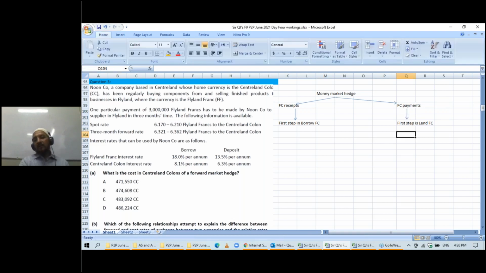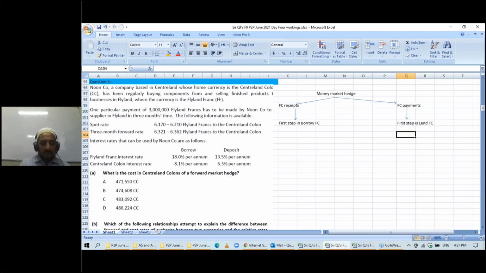In case of borrowing, we receive foreign currency in future, so instead of receiving in future, we receive now. In case of payments, we have to make the payment in future, so we will try to pay it now. How can you pay in the money market? By investment. If you invest money, the cash goes out immediately. So this happens in the payment section. We will see the 3 steps in the next part.